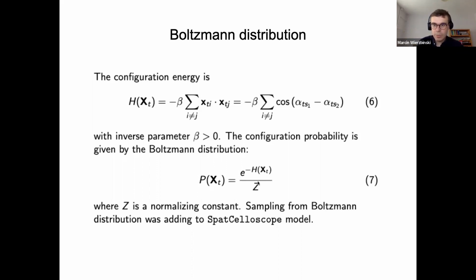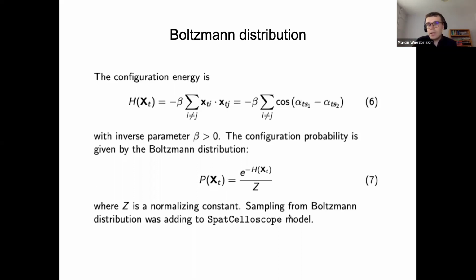So the PDF is expressed as follows, where Z means the normalizing constant. So it means that we can sample from this Boltzmann distribution, but the normalizing constant is very often very difficult to compute because this constant depends on the whole space of our spins.